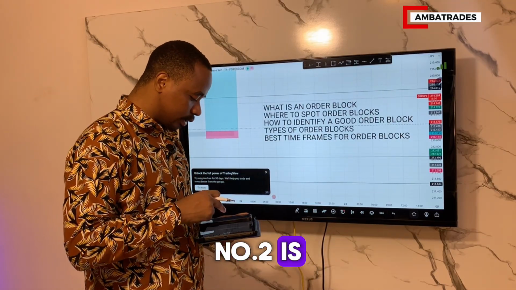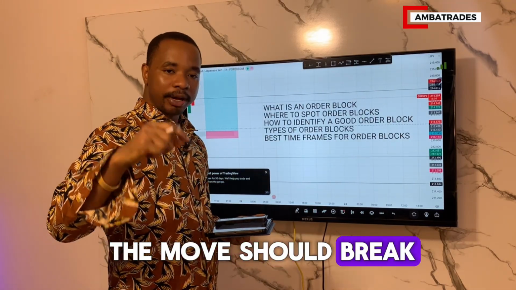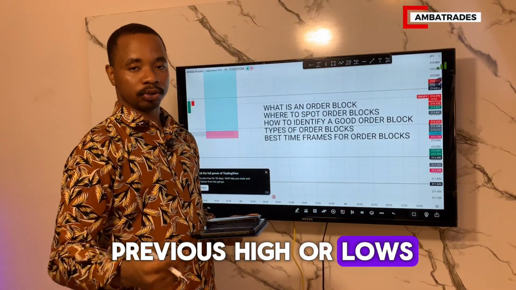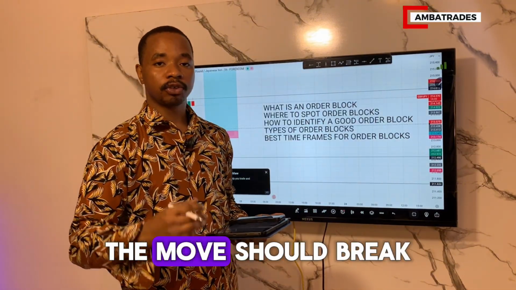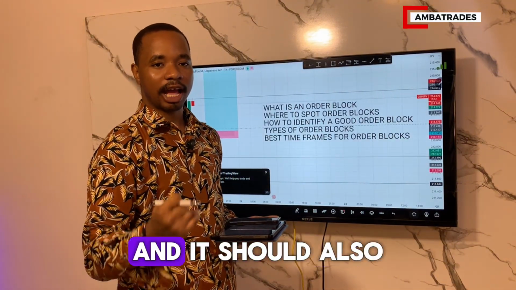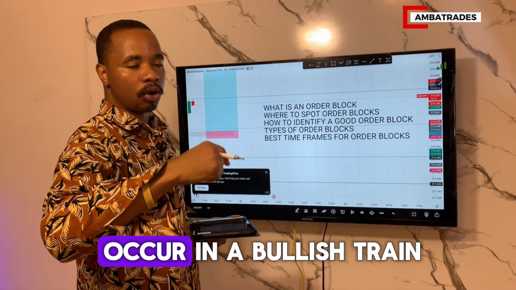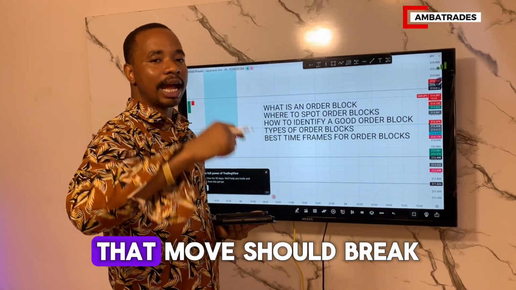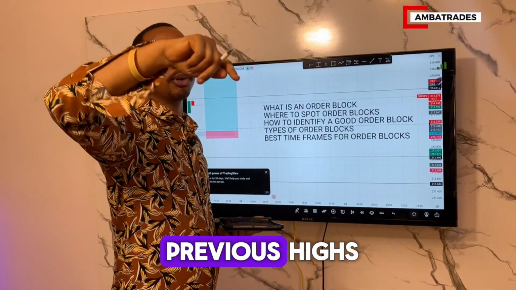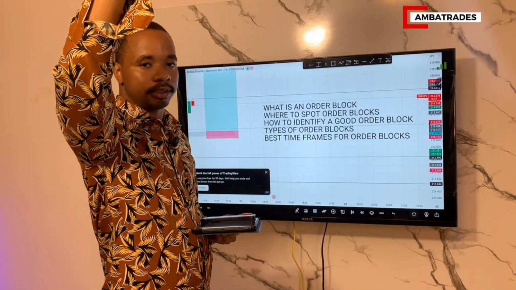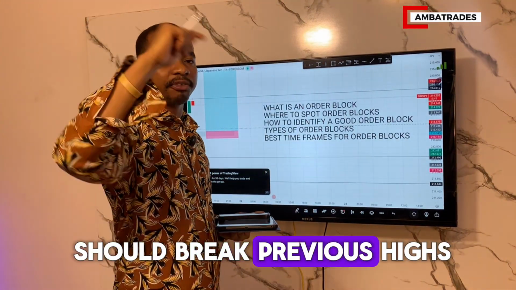Number two is the move should break previous highs or lows. The move should break previous highs and it should also break previous lows. If the order block occurred in a bullish trend, that move should break previous highs. Do you understand? It should break previous highs.